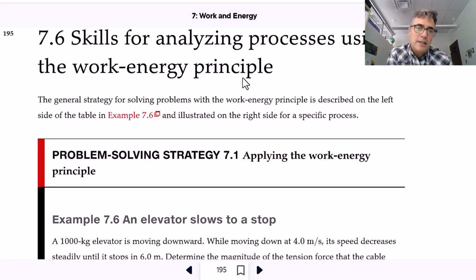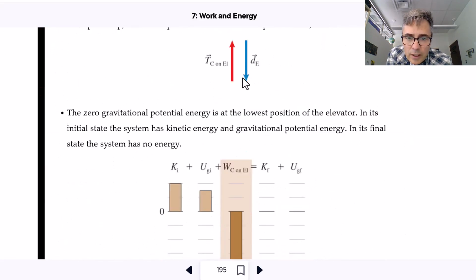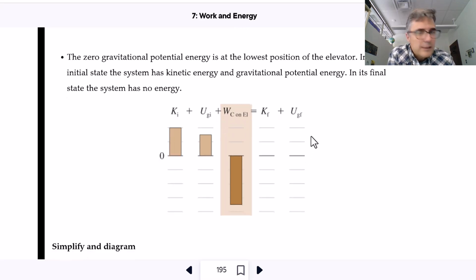The work energy principle is pretty simple. Let's look at an equation here. It shows that the initial energy, which they represent as K plus U, kinetic plus potential, plus the work done on the system equals the final energy. That's a little bit similar to chapter 6, where the initial momentum plus the impulse equals the final momentum.